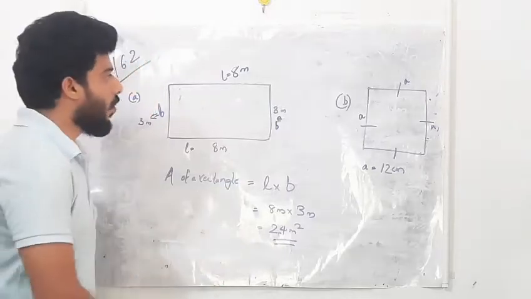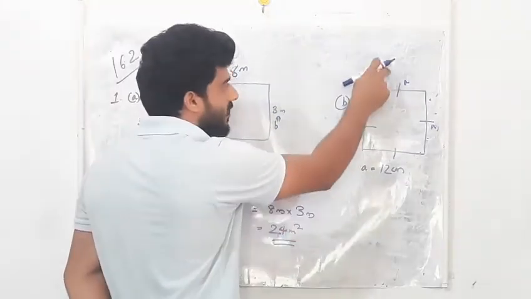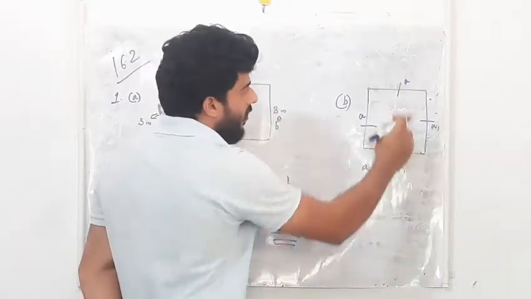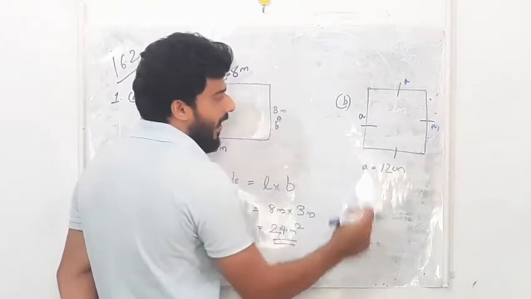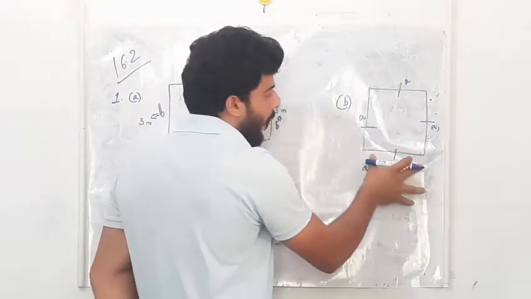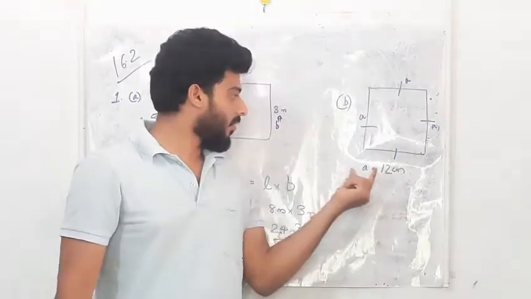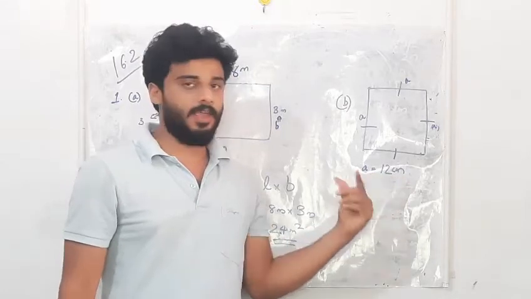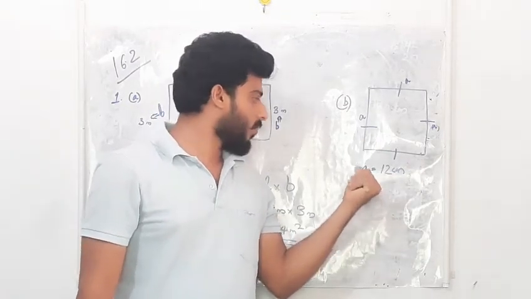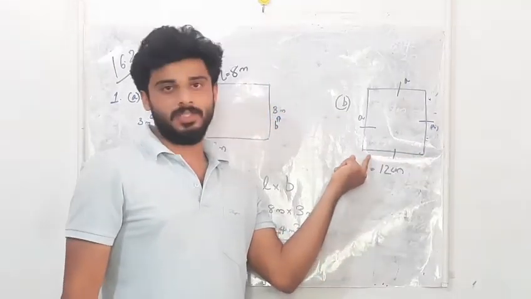Now we go to the second figure. This is a square, and this symbol shows that all sides are equal. I name each side A, and the value of A is 12 centimeter.